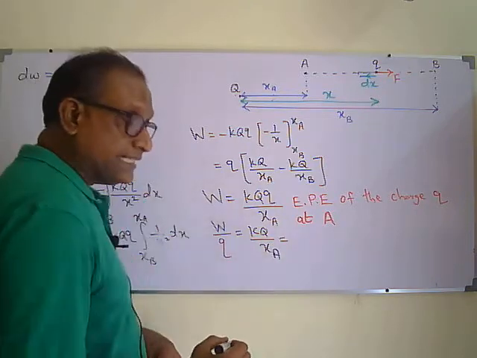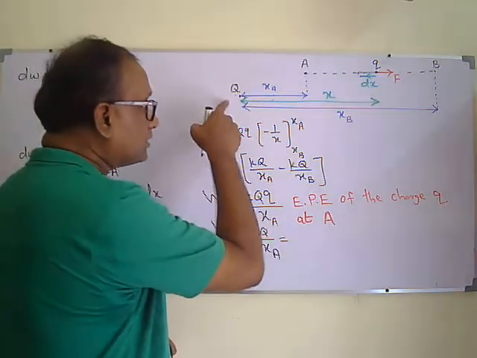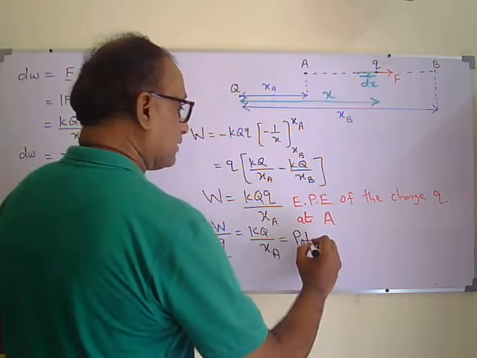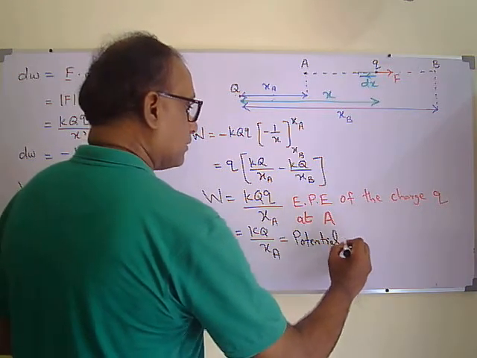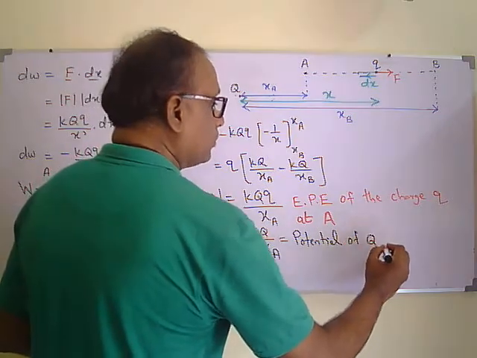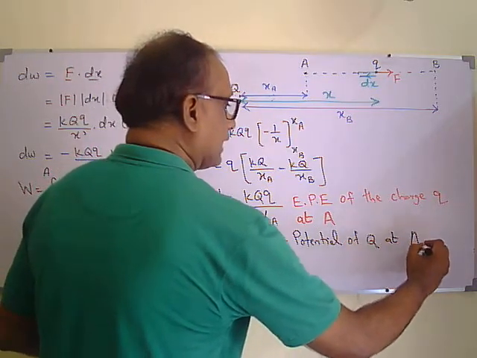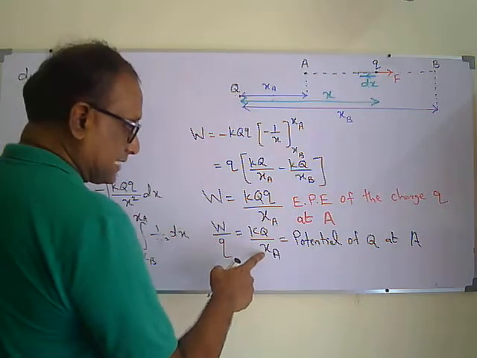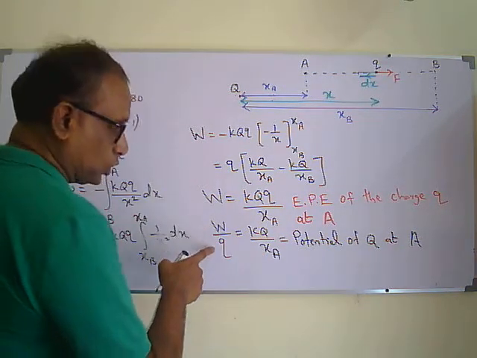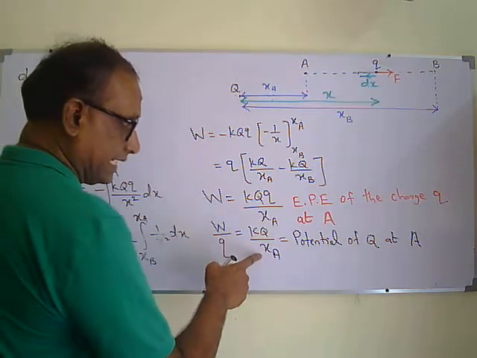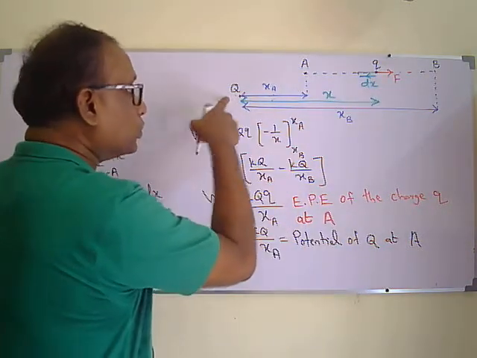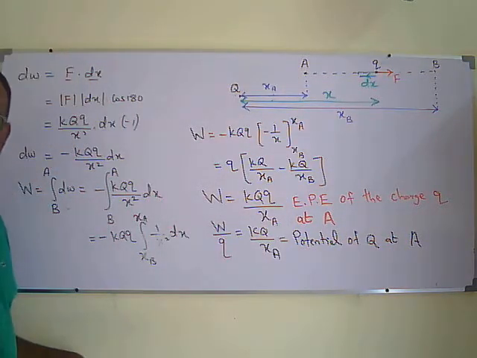This is called the potential of charge Q at A. So KQ over XA, that is work done per Coulomb, is the potential of charge Q at point A.